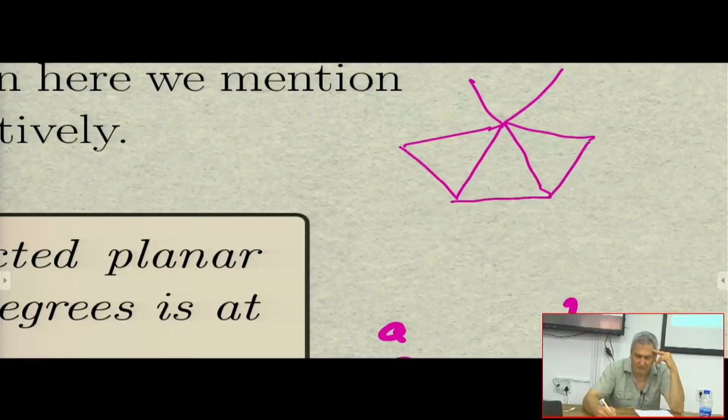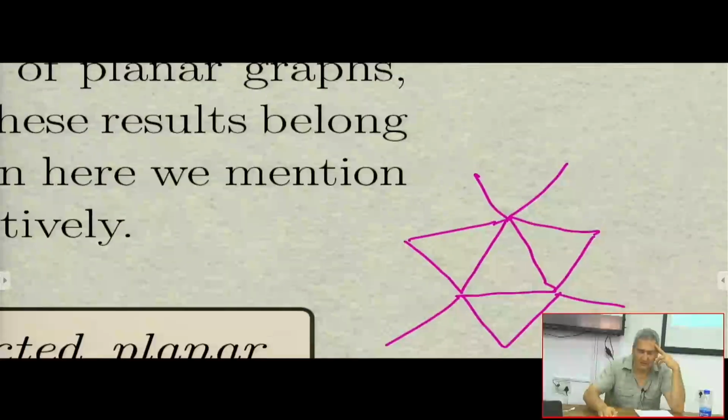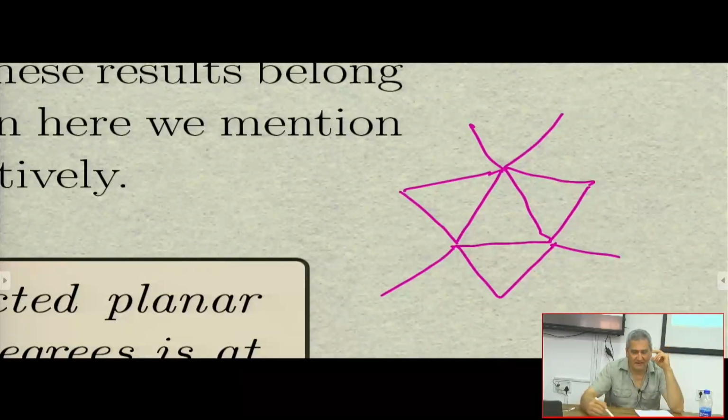I can draw it all, but it's not necessary. It is only one here, yes. And locally at every face it looks like this. Every face is a triangle, and all vertices are of degree 5. It looks locally like this.